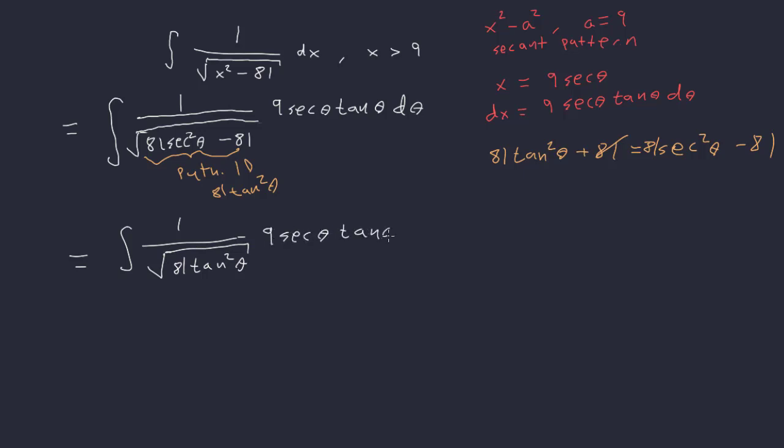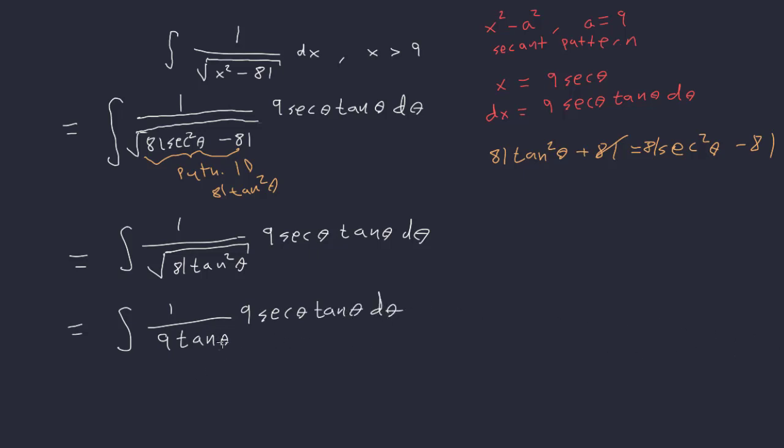So we'll go ahead and put the 81 tangent squared in here, and that's going to cancel with our square root. So we'll get 1 over 9 tangent theta times 9 secant theta tangent theta d theta.